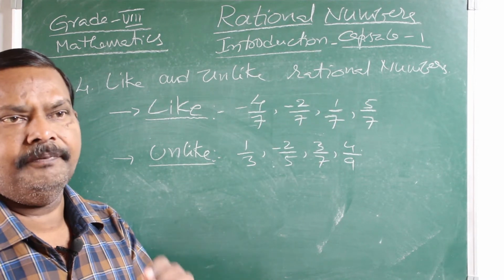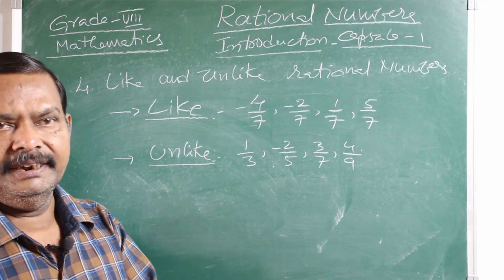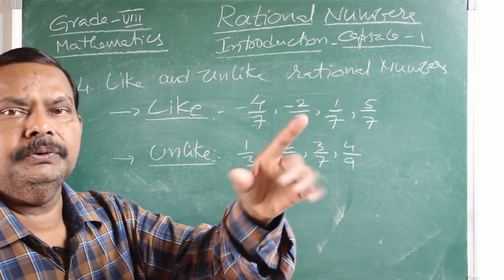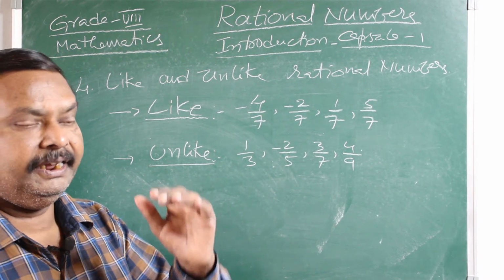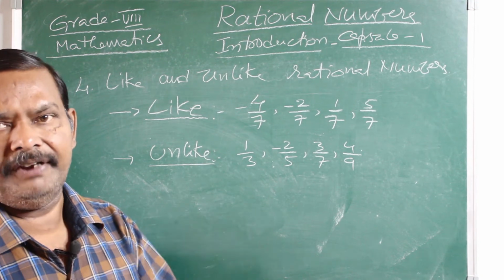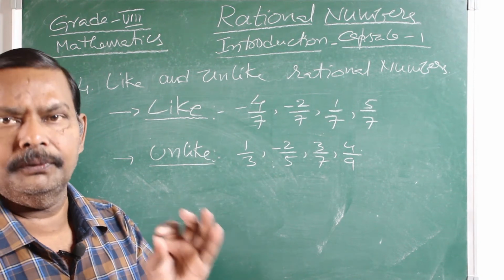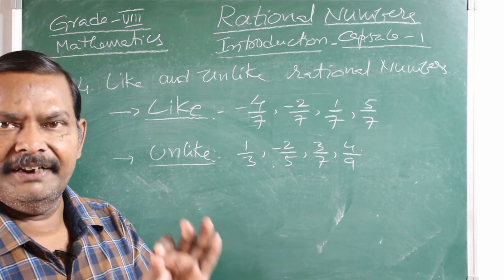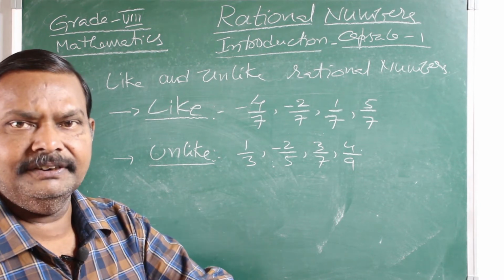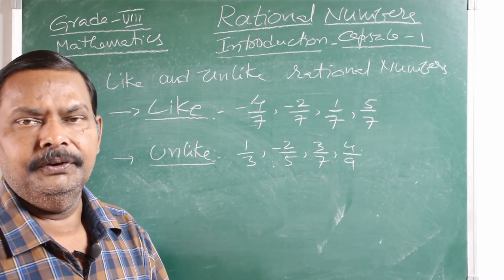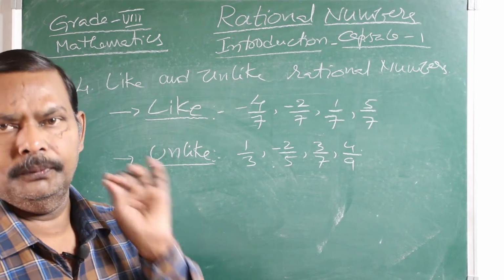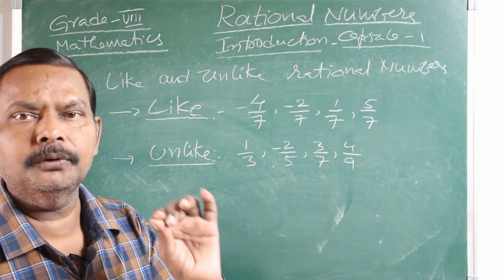Here the most important point is that we can convert unlike fractions into like fractions using a small rule. Let us see what the rule is.